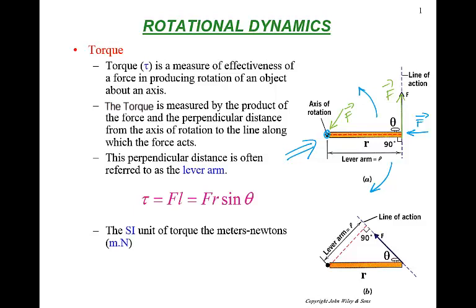To rotate an object, you don't need a certain amount of force. Instead, you need a certain amount of torque. We use the Greek letter tau to describe it, and it's equal to force times lever arm. This is the part that is kind of new to us, the lever arm. We need to get used to it. We need to understand what it means.